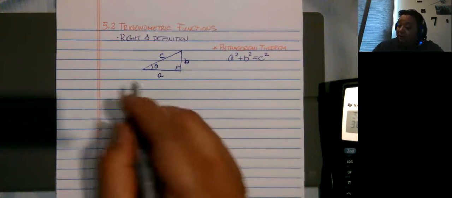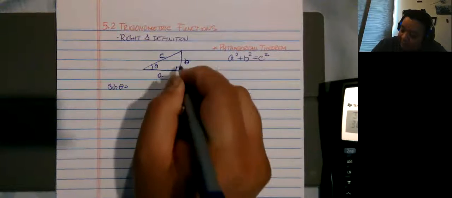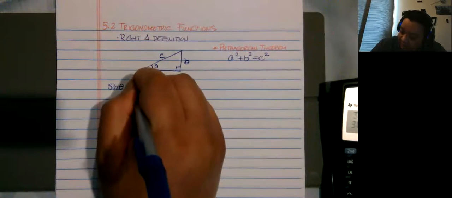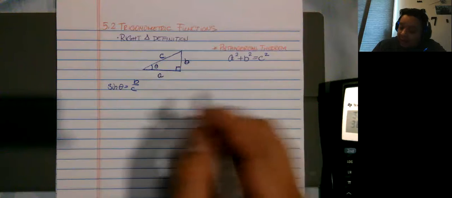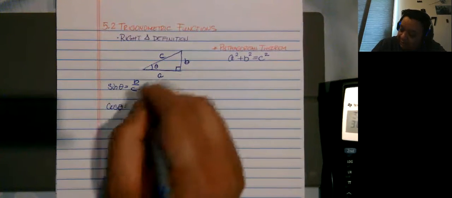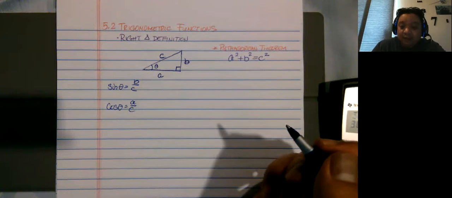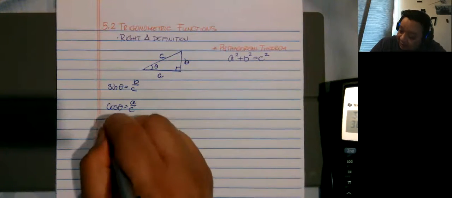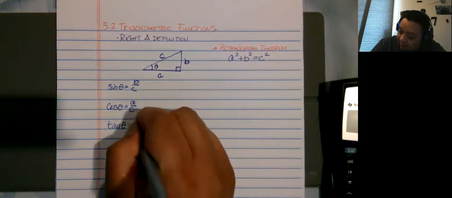So for example, sine theta is equal to B over C. Cosine theta is equal to A over C. And then tangent theta is equal to B over A.